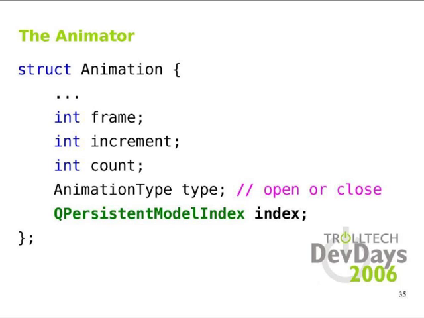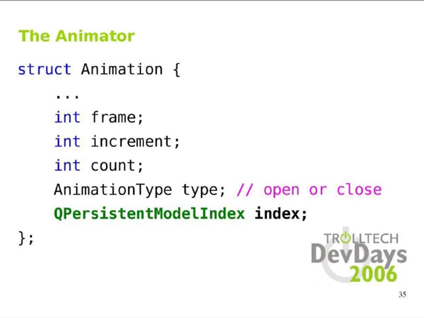Now, the important part here, I've tried to highlight it in bold, is the QPersistentModelIndex. Well, that's a long name. Now, I told you about the model index. And I also said several times that it's a small, short-lived object, meaning it contains information about your data structure.